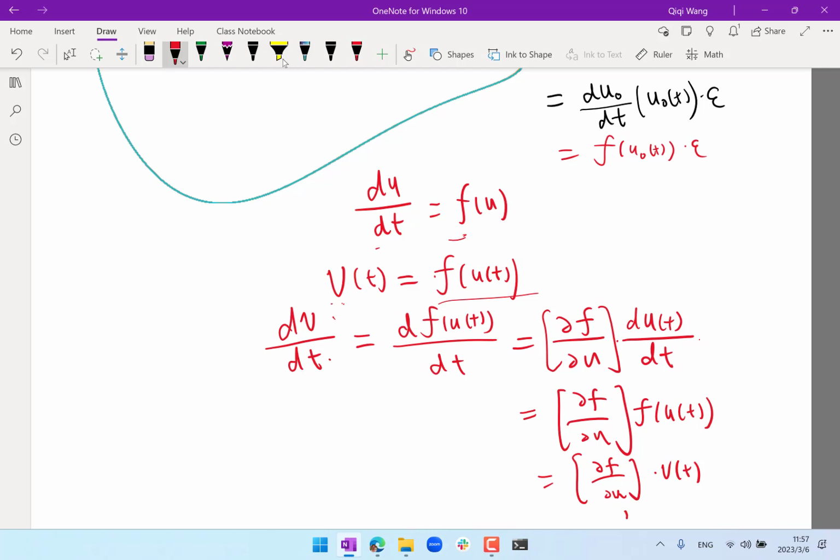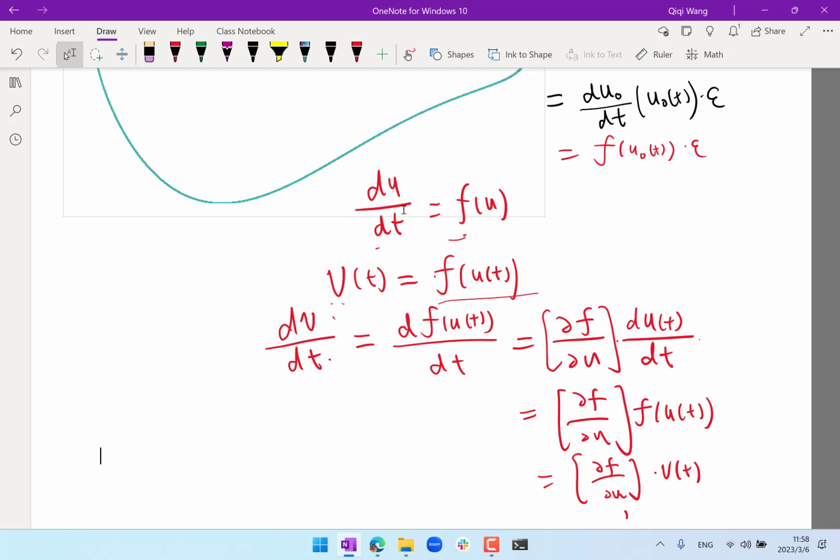And also, as long as the trajectory doesn't blow up to infinity, right? If the trajectory stays within a compact domain in the phase space, then you can also show that the du dt will never actually go to infinity. So it will not decay, it will not grow.